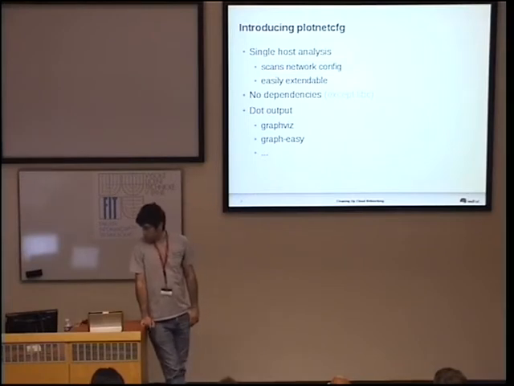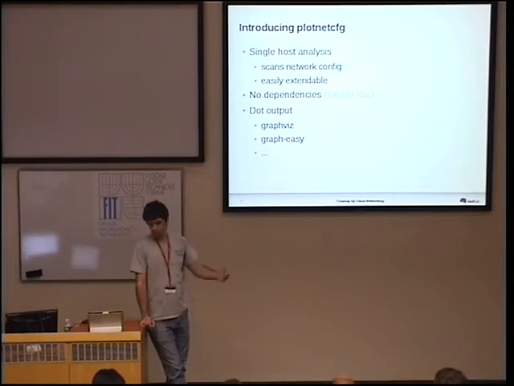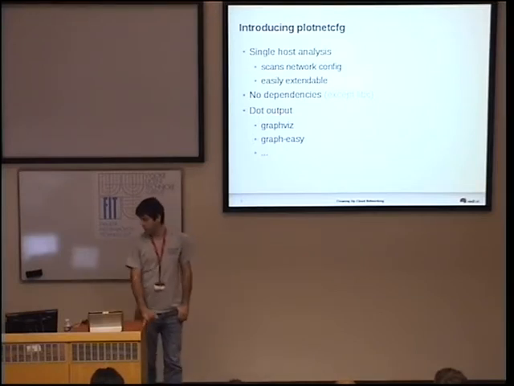So this led to the creation of a really quite simple tool that you can just put on the machine and run. It scans the configuration of the machine and outputs or plots a graph or diagram, showing what's connected to what.